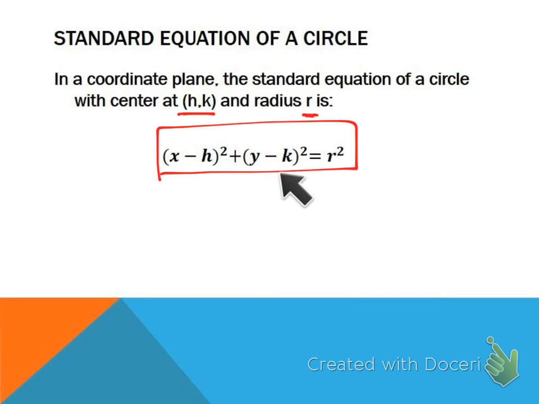So this h and k that they've introduced, that's what shifts the center around from being at the origin. If the center is at the origin and those are both zeros, then this goes back to just being x squared plus y squared equals r squared.